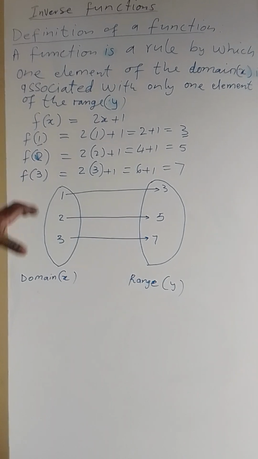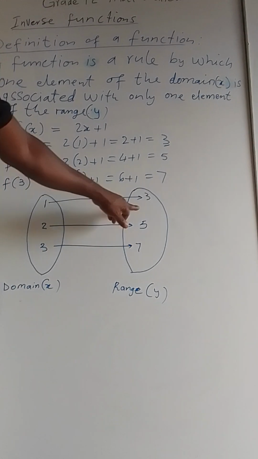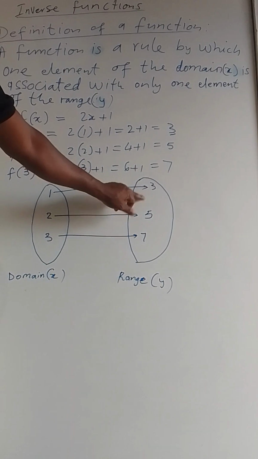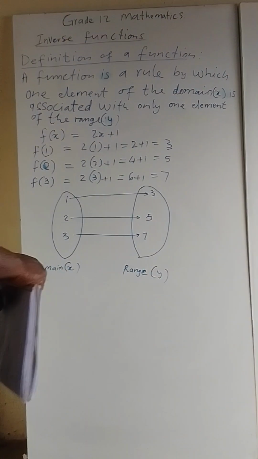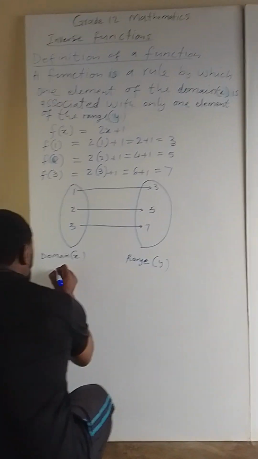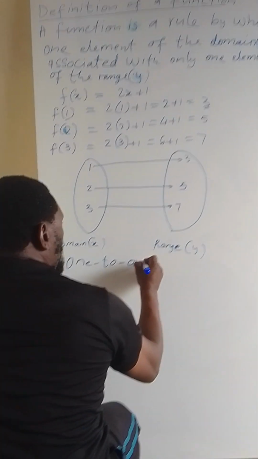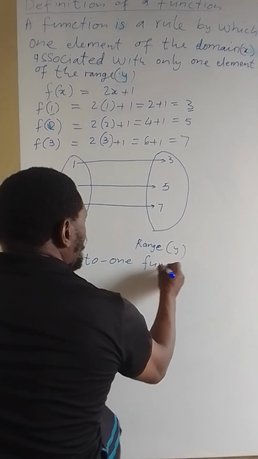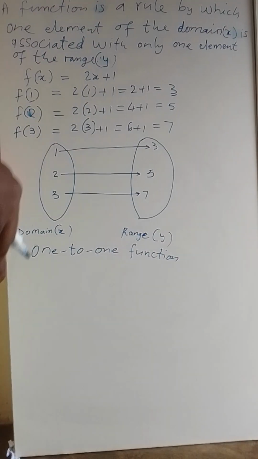So in this case, there is no value of x which maps to two values of y. It's only 1 is to 1. This condition is called a one-to-one function. It is a function.